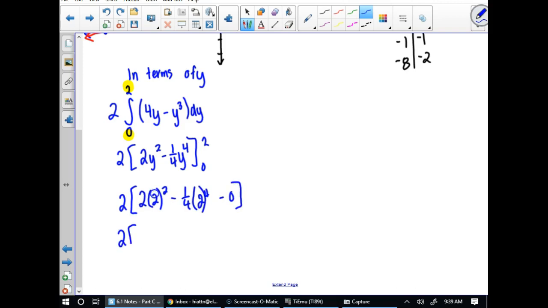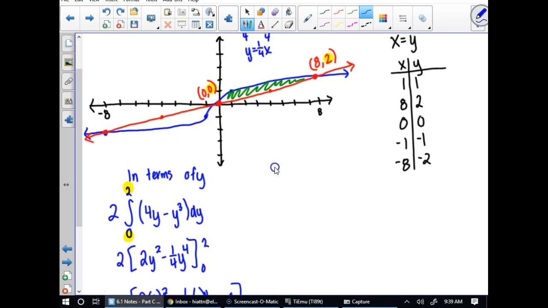So that's going to be 8 minus 16 divided by 4 minus 4. So we'll just get 8 for our answer there. Okay, questions on that? All right, now let's go back and do the same problem in terms of x, because you can do it that way as well.